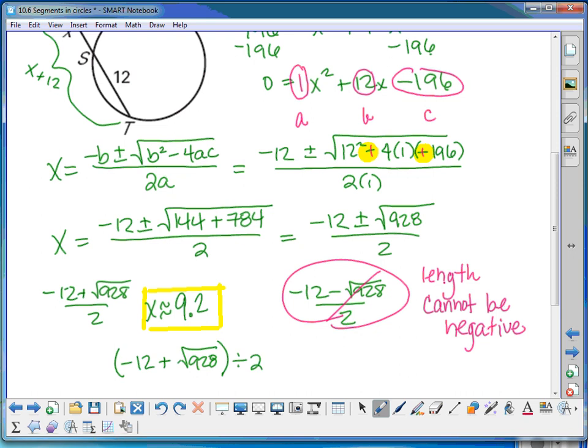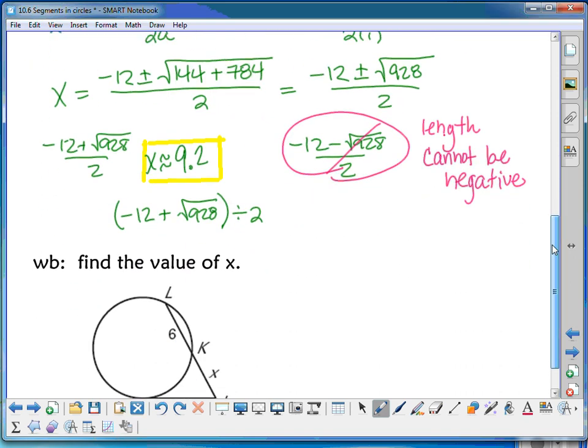And that's going to work in your calculator. Because if you don't have the parentheses, it's just going to divide the 928 by 2, and you're not going to get the right answer. So you might want to double check that you can get 9.2 when you put that in your calculator, just to make sure you're using your calculator properly.